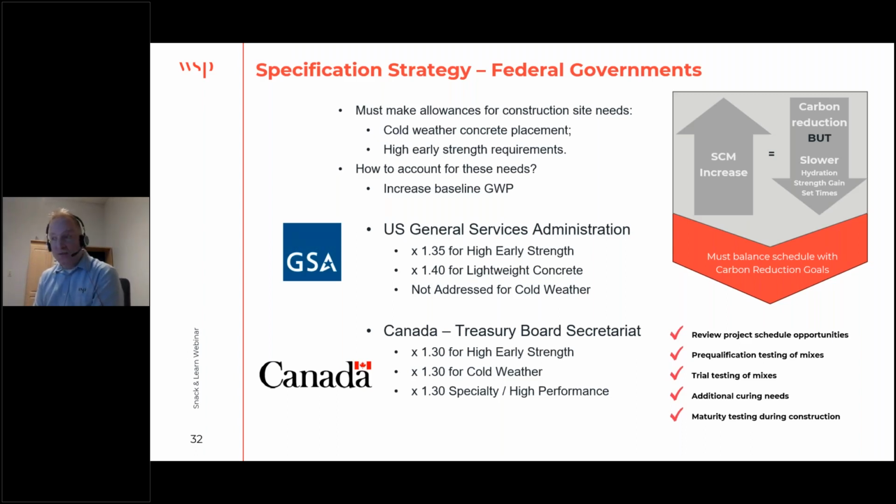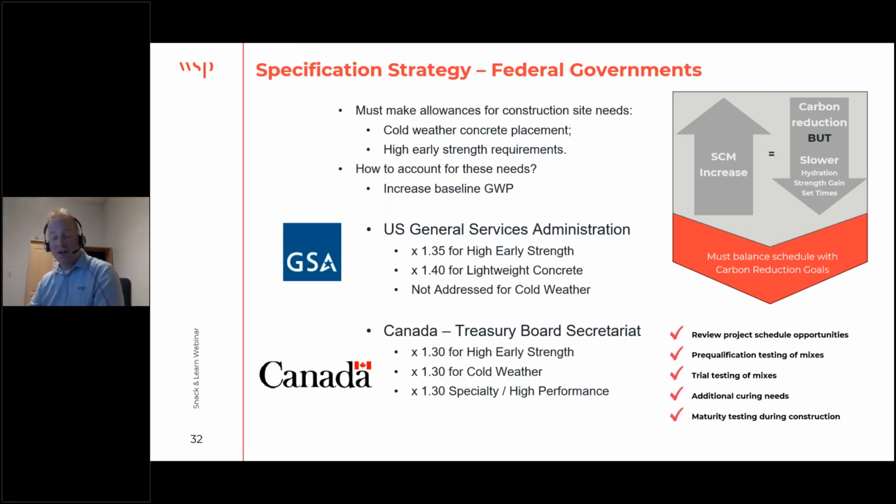Sometimes there might be a little bit of trial testing required and additional curing requirements. And in some instances, there are higher early strength requirements for various projects. So there is some language in the Canadian and American guidelines for relaxation of the requirements for higher early strength or cold weather placement requirements.